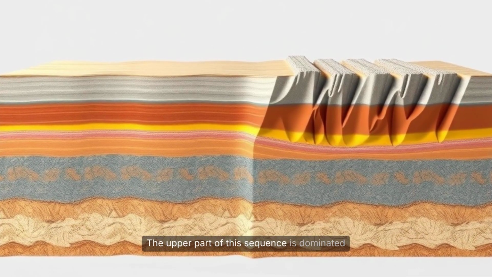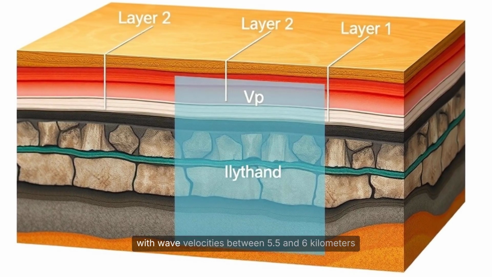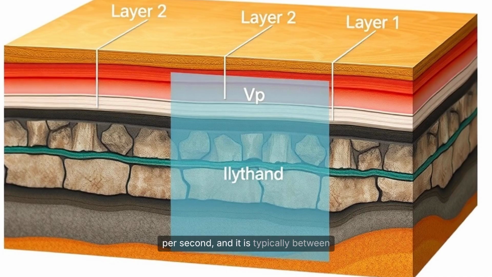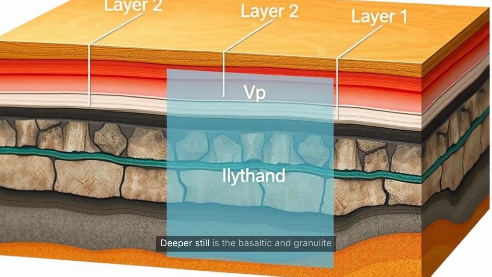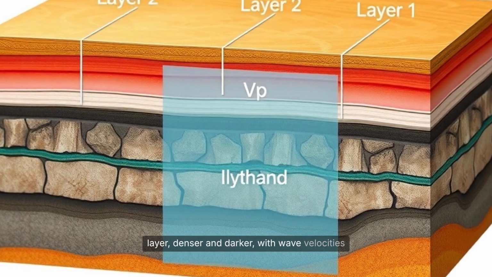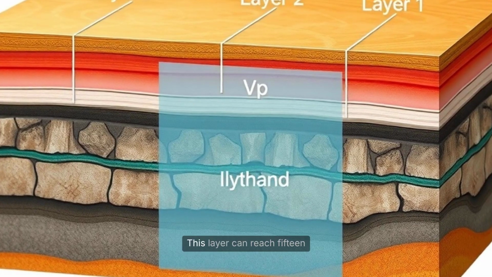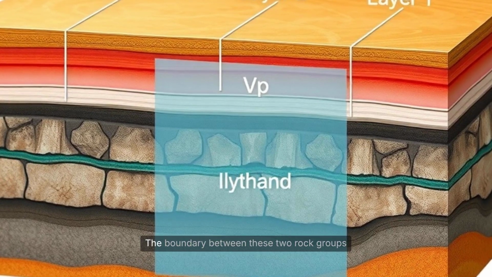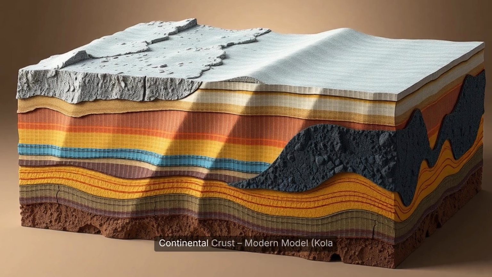The upper part of this sequence is dominated by granite and gneiss, light-colored rocks with wave velocities between 5.5 and 6 kilometers per second, and it is typically between 10 and 25 kilometers thick. Deeper still is the basaltic and granulite layer, denser and darker, with wave velocities between 6.6 and 7.2 kilometers per second. This layer can reach 15 to 35 kilometers thick. The boundary between these two rock groups is known as the Conrad discontinuity.